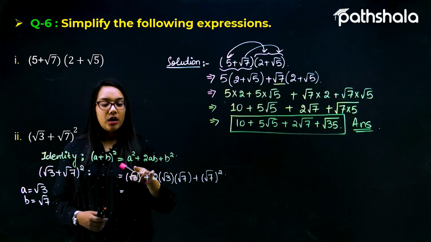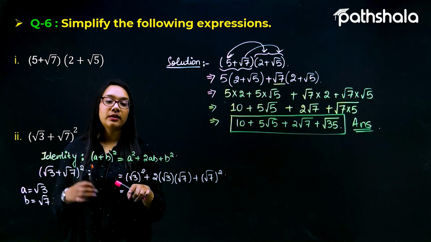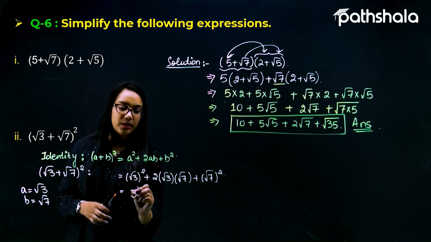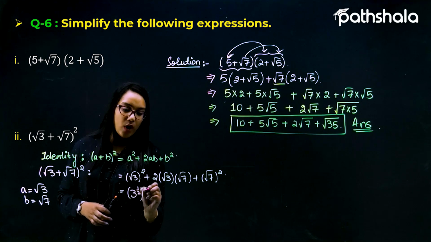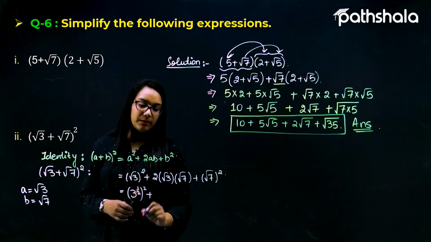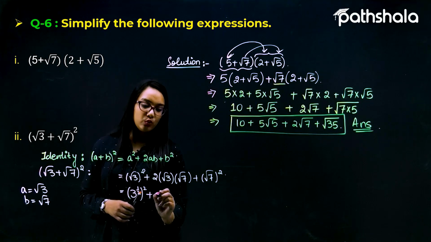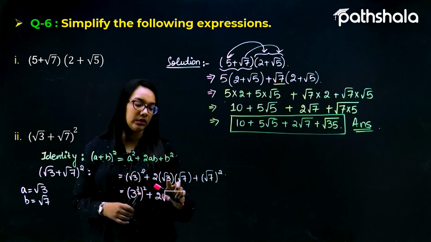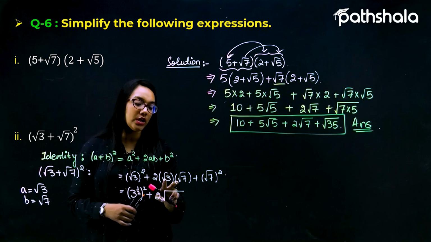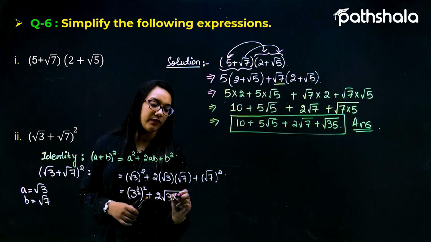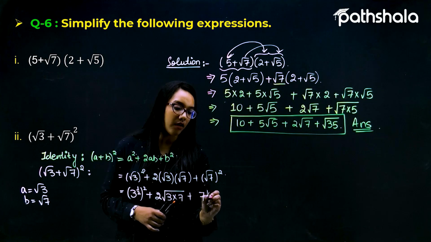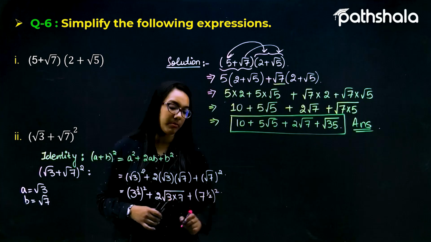We know that a square root is a power of the type half, so we can say this is 3 power half, and we have 2 outside of it. Further we have plus 2 root 3 into root 7, and the square root is the same on both, so it will be like 3 into 7, plus 7 power half, whole power 2.